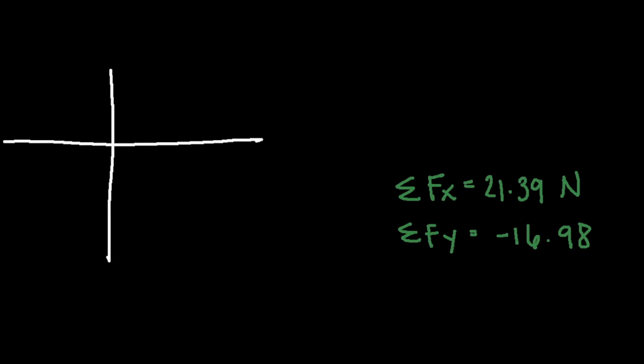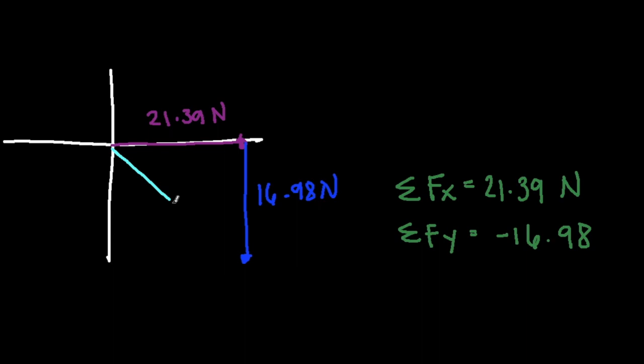So we have our new x component in the positive x-axis, so we should write this to the east: 21.39 newtons. And then we have our y in the negative. Everything that's on the negative should either be on the west or south. But since this is y, it should be south. Okay. Perfect. So 16.98 newtons. And our resultant should be this one, the hypotenuse.